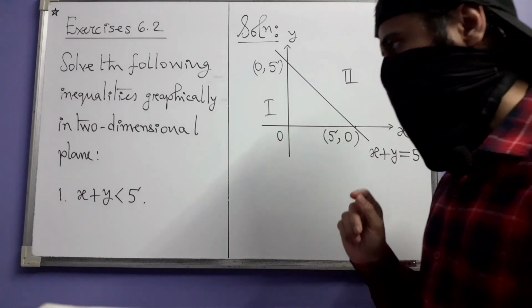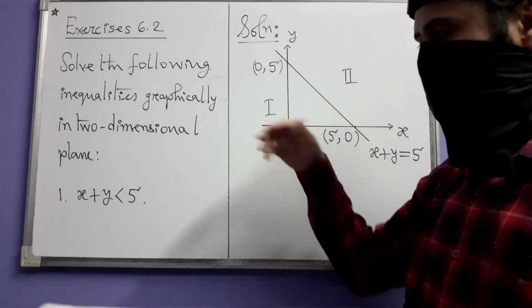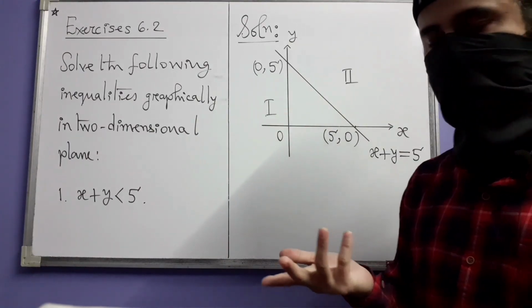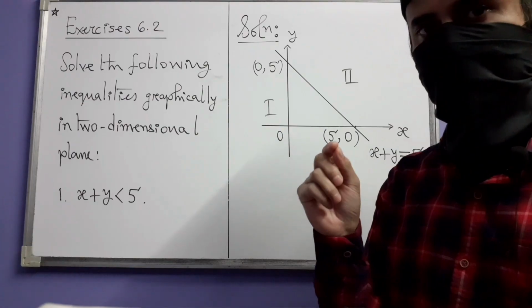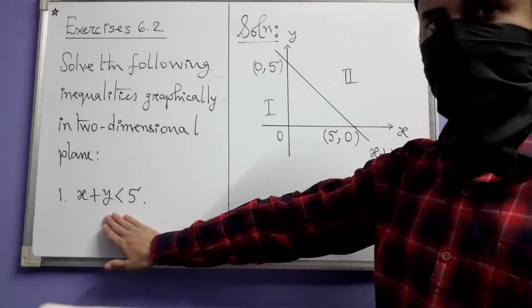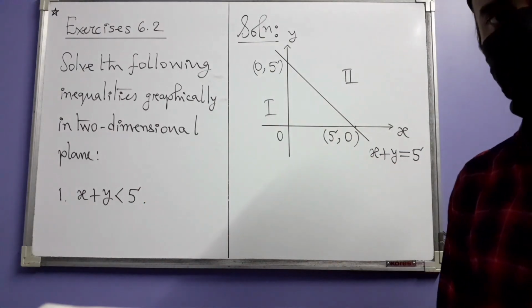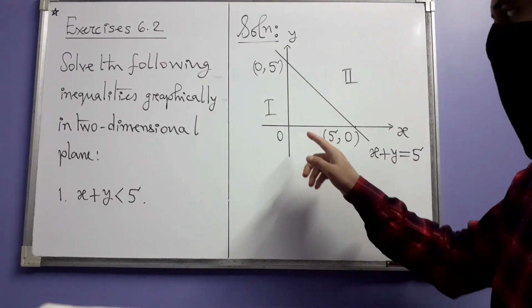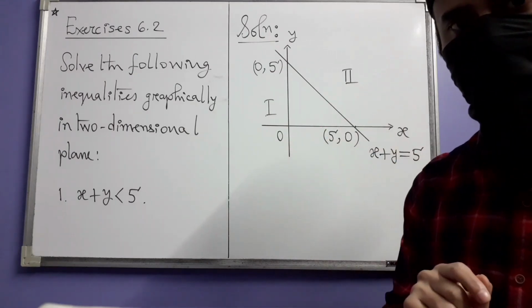And then next, you substitute the coordinates of the origin. Actually any point works, but it's convenient to use the origin because the coordinates are both 0, and you see if the inequality is satisfied. Yes, it is satisfied because 0 plus 0 is actually less than 5, which means that the half plane containing the origin would be the solution set for the inequality.